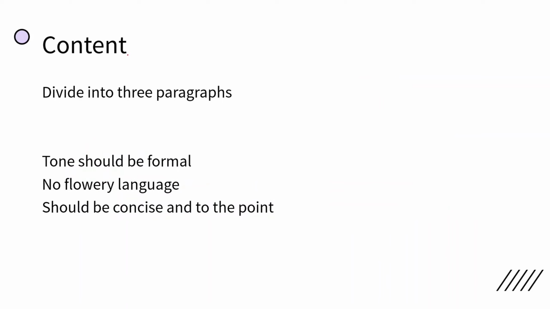The content of the covering letter is divided into 3 paragraphs. Sometimes we can write it in 2 paragraphs also, but usually the best way is to contain the letter in 3 paragraphs.